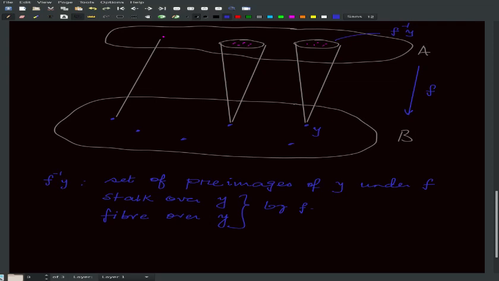If you look into 5.12A, that is this. So everything is a stick, at most a stick-like thing.